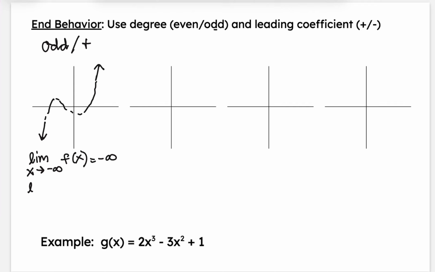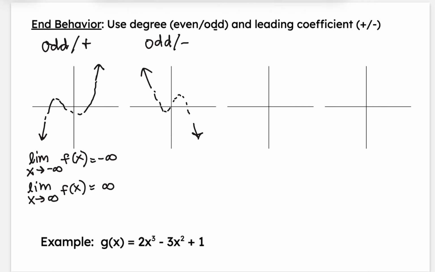Then the second part is we're going to say the limit as x approaches positive infinity of f of x. Again, that whole thing means as we go to the right, our graph goes up, positive infinity. Next we're going to look at odd and negative, which is just going to be the opposite of this.